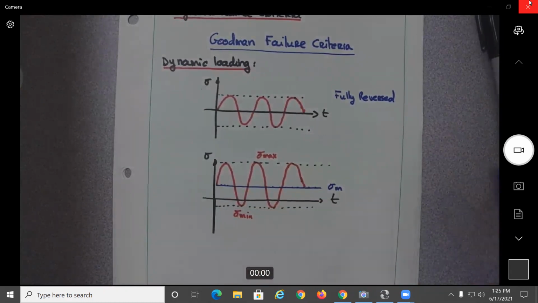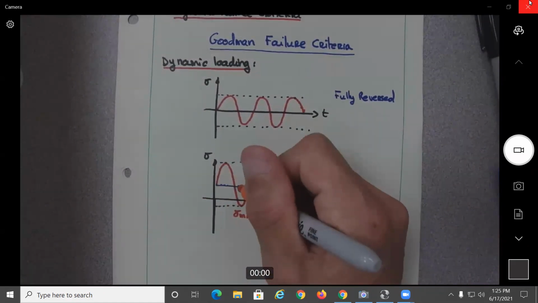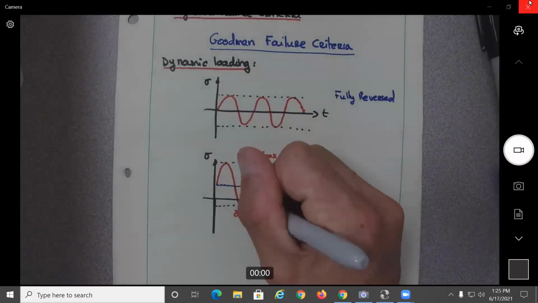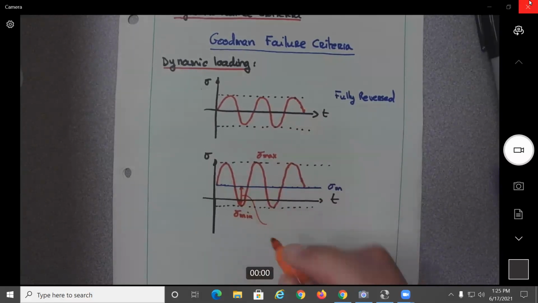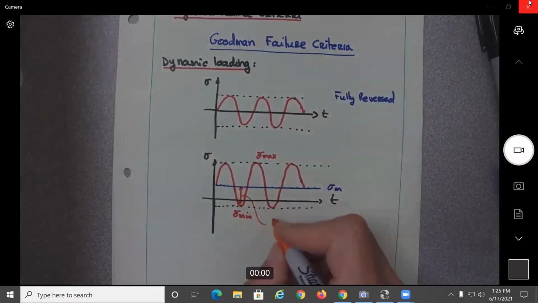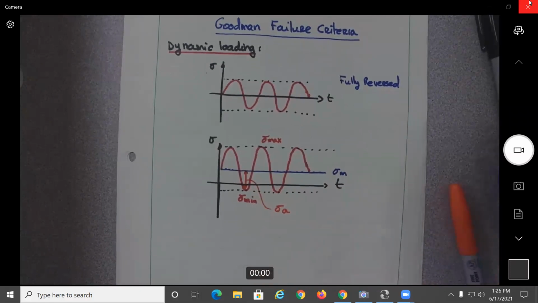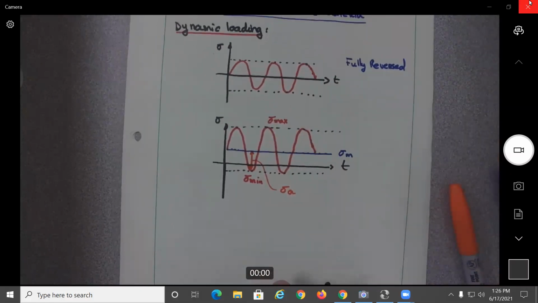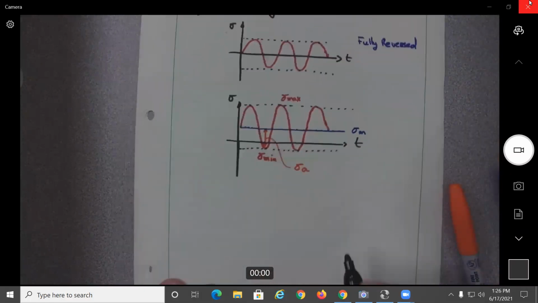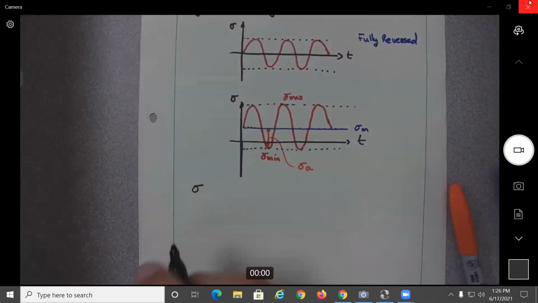The distance between this peak and here, so I should select maybe a different color, will be sigma sub A. And now I'm going to put here the meaning for each one of the terms.